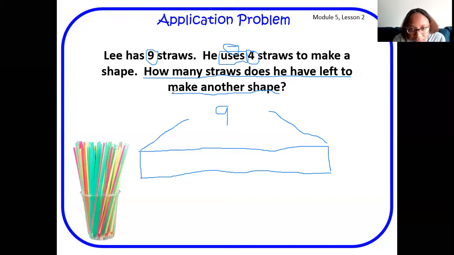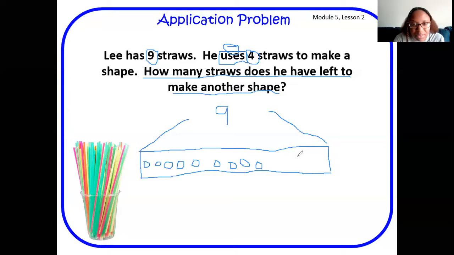But then I know that I'm going to draw 9 down here. 1, 2, 3. Oops, sorry, they look a little crazy. 4, 5, 6, 7, 8, and 9.